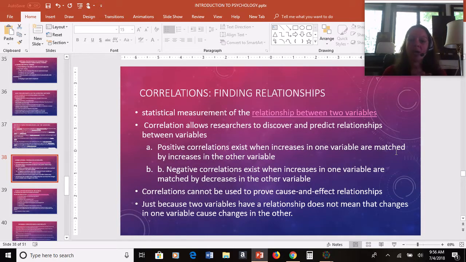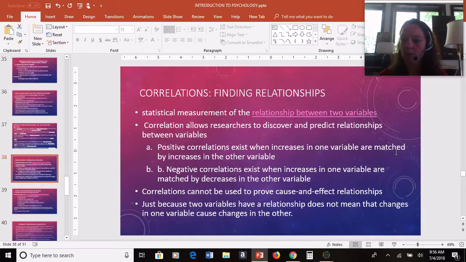Alright, and then next we also have correlations, and with correlations we're also looking at the interaction between variables. When it comes to correlations, we have either positive correlations or negative correlations. So a good example I use in abnormal psychology is the correlation of how many friends one has as opposed to, say, their mental health, okay?